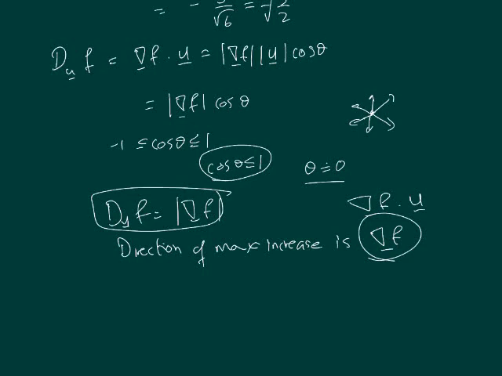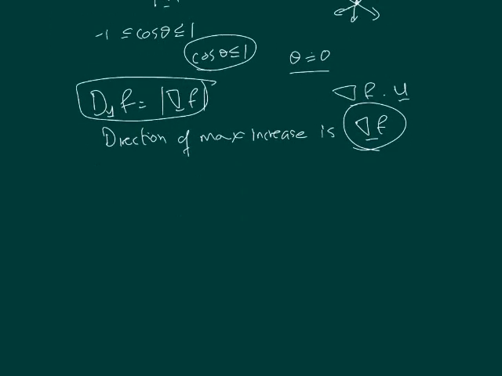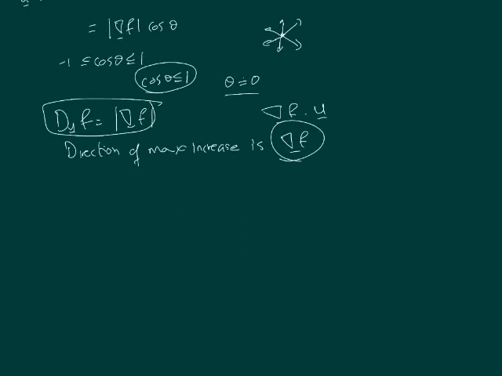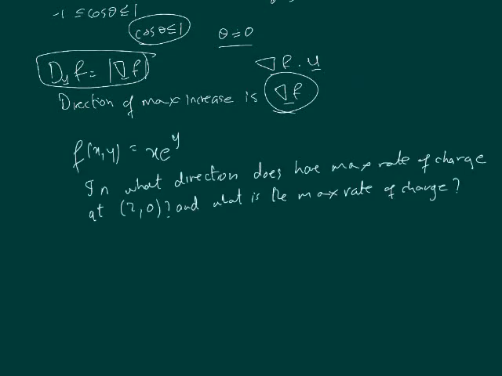Okay, as an example, very quickly, here we have a question that says f of (x, y) is x e^y, and we're standing at the point (2, 0). In what direction does f have maximum rate of change at (2, 0), and what is the maximum rate of change? That simply is grad f, first of all, calculated, and it turns out to be (e^y, x e^y).